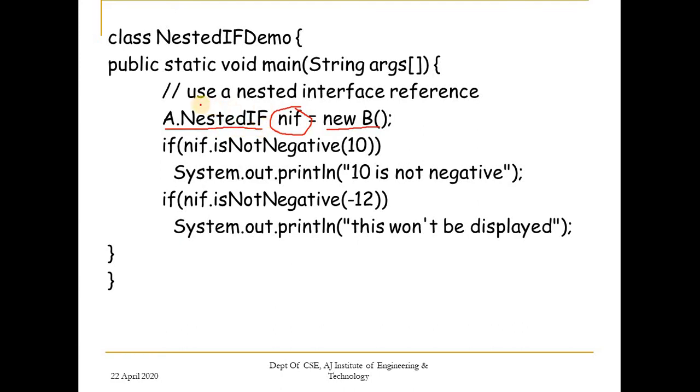Since NestedIF is enclosed by class A, we define it as A.NestedIF. So nif is a variable of the interface NestedIF, representing the object of B. Now if you call nif.isNotNegative and pass the value 10, what will isNotNegative return?